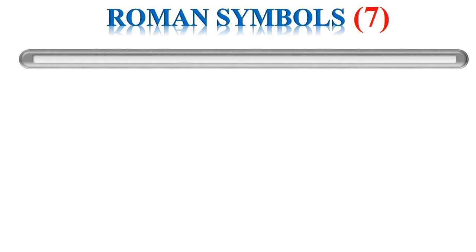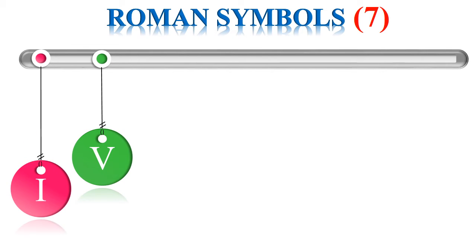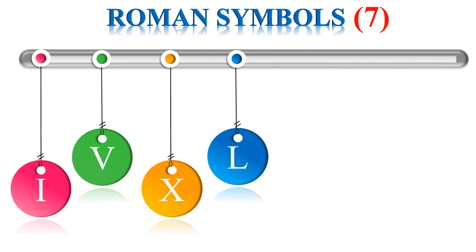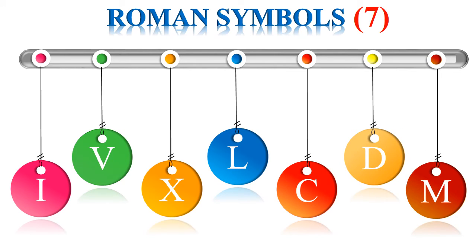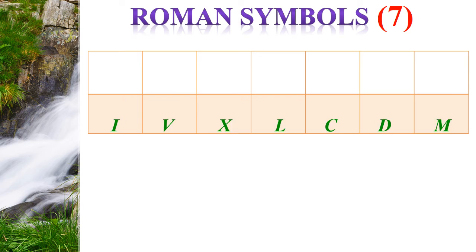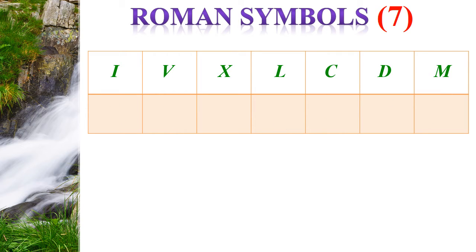Now coming to Roman symbols. We already know our number system has 10 basic digits. But Roman numerals have 7 basic symbols: I, V, X, L, C, D and M. Let's see the values of the Roman symbols.